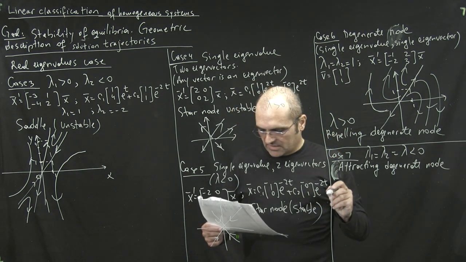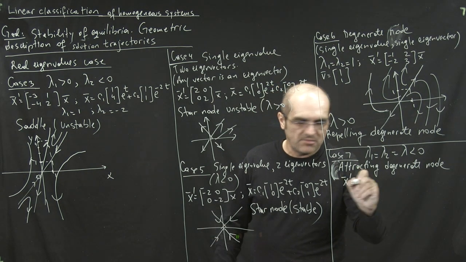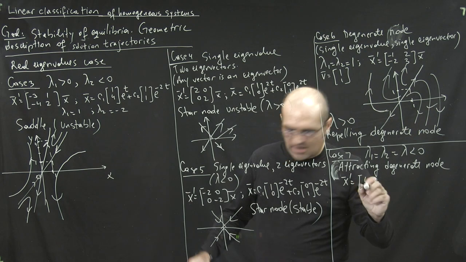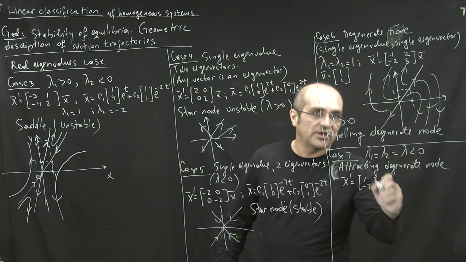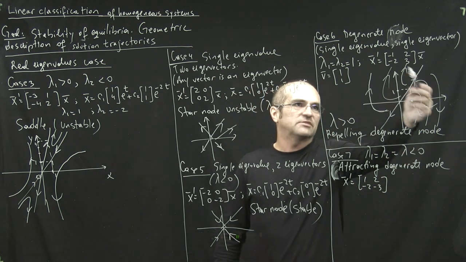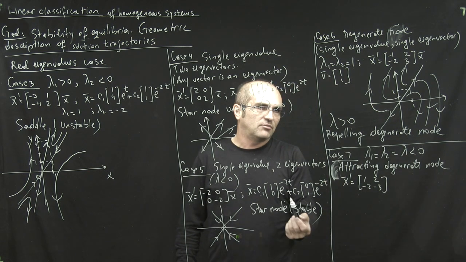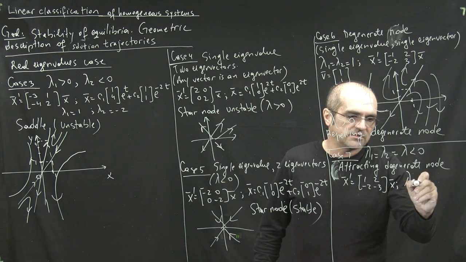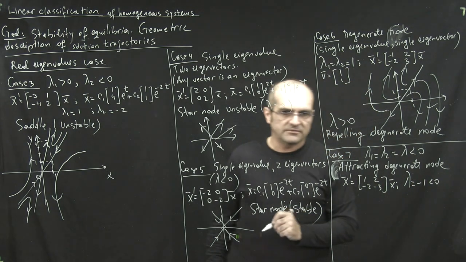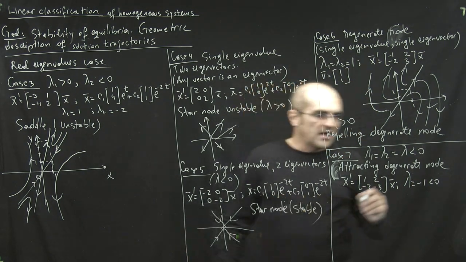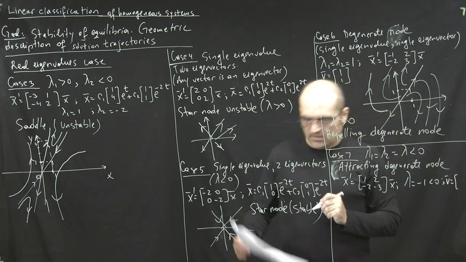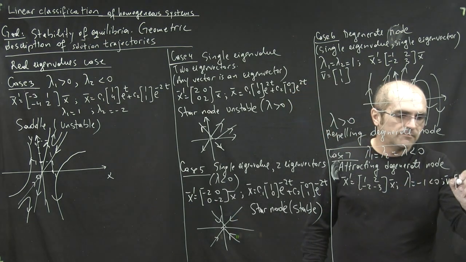And the example that I picked is x prime equals [[1, 2], [-2, -3]] x. The same trick: you just change the signs of the main diagonal and you get the same eigenvalue but with the opposite sign. So this will give you lambda equals minus 1, which is clearly negative. And the eigenvector, if you take the time to compute it, will be (1, -1).